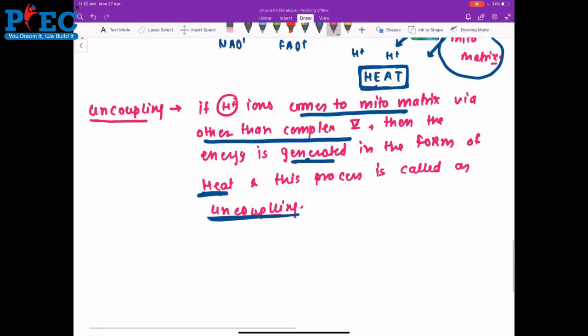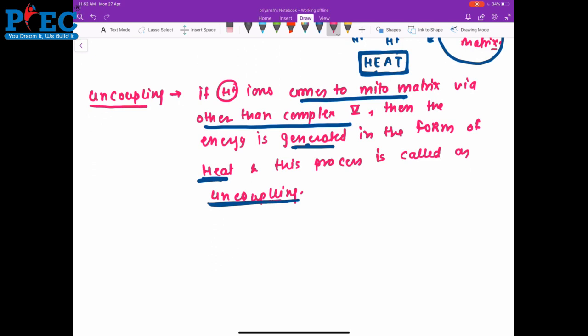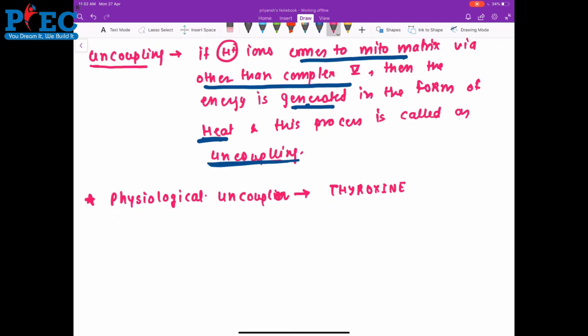Now that we are clear with uncoupling, there are certain molecules which promote uncoupling and are physiologically present in our body. They are called physiological uncouplers. An example of that is thyroxine, the thyroid hormone.